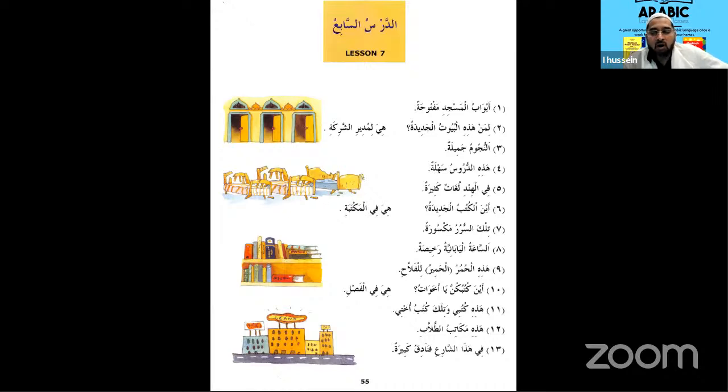Number 2, liman hadhil buyutu al-jadidatu. For whom are these new houses? Al-jadidatu is the adjective for al-buyutu. When you translate in the English language, you always translate the adjective first and then the noun which is being described.